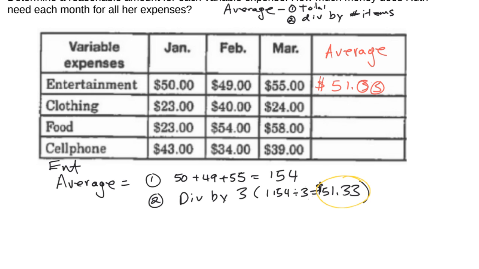For the clothing, when we average that, we end up with about $29. We're just going to round to the nearest dollar in order to make our life easier. And then for food, our rounding is $45, and finally, for the cell phone, we have $39.